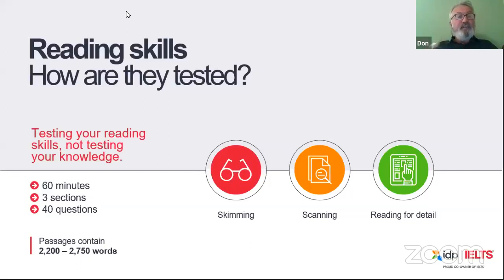Now you can do this in IELTS. Read the question first, find out what the key word is, and then find that key word in the passage, and that will make your reading more efficient and quicker. And that is how you will succeed in the reading test for IELTS.